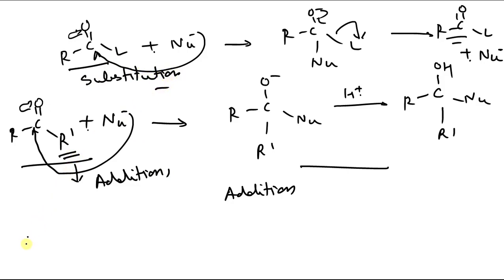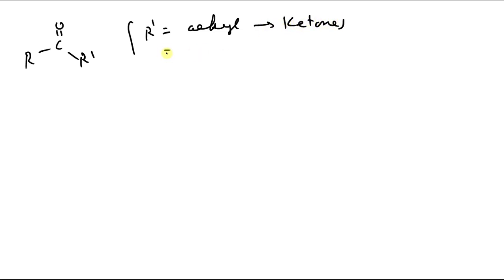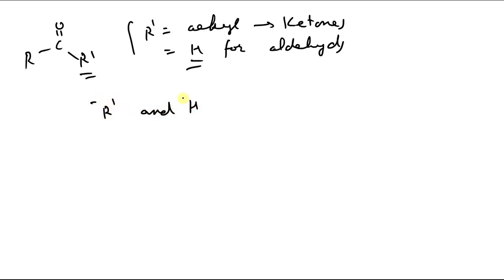Now why this R dash? In case of aldehydes or ketones, R dash is alkyl for ketone and it is H for aldehyde. Now let us see the nature of these groups. Both R dash negative and H negative are very strong bases, the strongest bases.